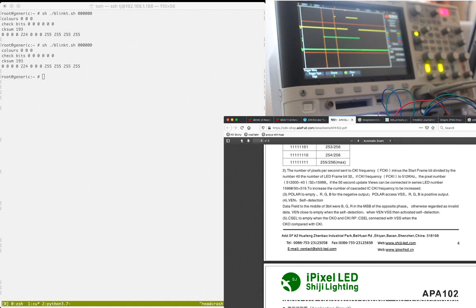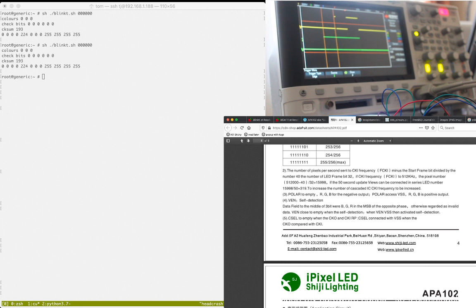The number of pixels per second sent to the CKI frequency, FCKI, minus the start frame bit divided by the number 40, the number of LED frame bit 32, if CKI frequency FCKI to 512 kilohertz, the pixel number is 16,000.